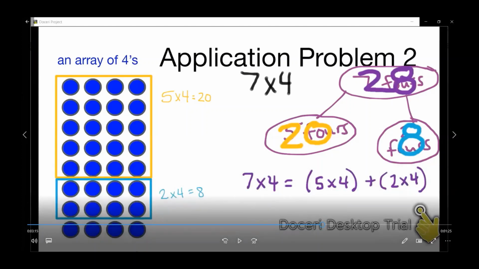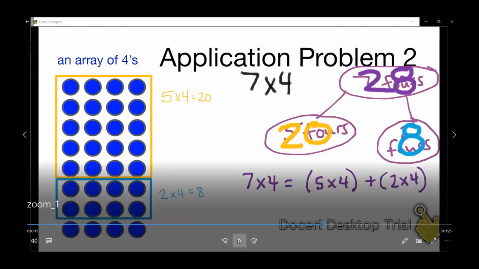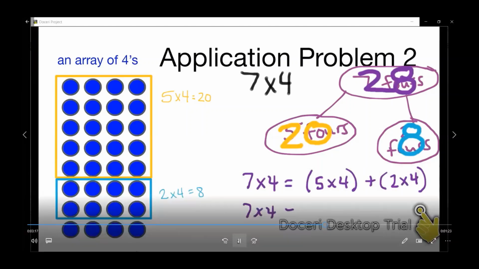So it's 28. 5 times 4 is 20 plus 2 times 4 is 8. Because you add them together, this is going to be 28.